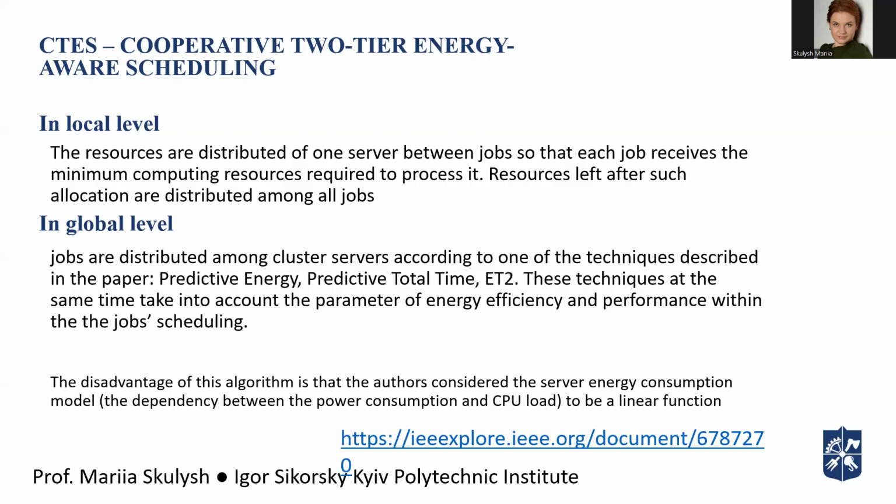At the global level, jobs are distributed among cluster servers according to one of the techniques described in the paper: predictive energy, predictive total time, and others. These techniques at the same time take into account energy efficiency and performance in job scheduling.